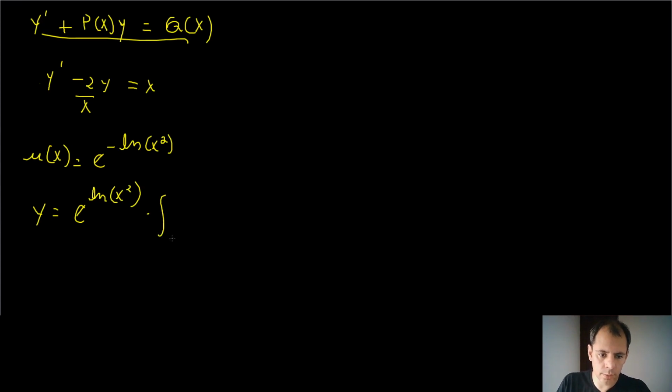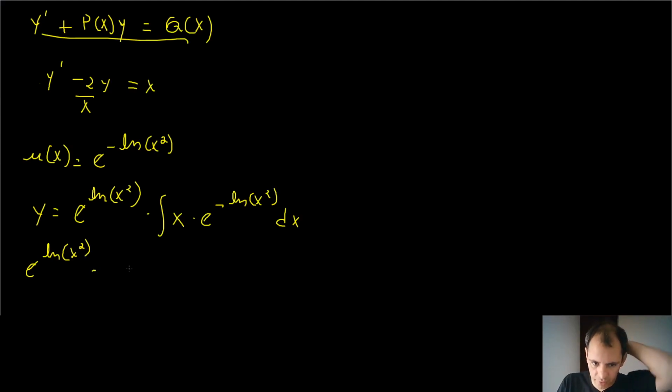Times the integral of q of x, which is x, times this stuff, times e to the minus ln of x squared dx. All right? Okay, so let's do that. It's going to be e to the ln of x squared times this integral. What's this integral?